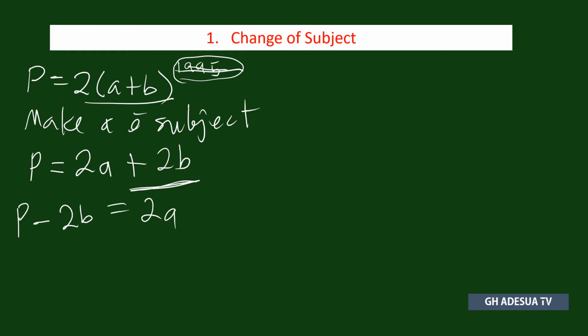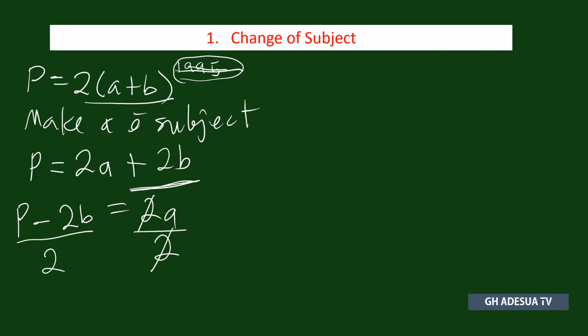Now P minus 2B is equal to 2A is the current state. You would need to make A the subject, but you have 2A. So you realize that 2A is the same as 2 times A. So what do we do? Divide both sides by 2. So this 2 will cancel that 2.